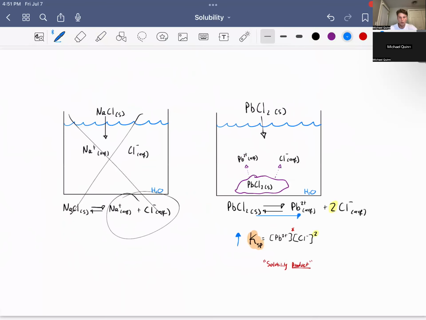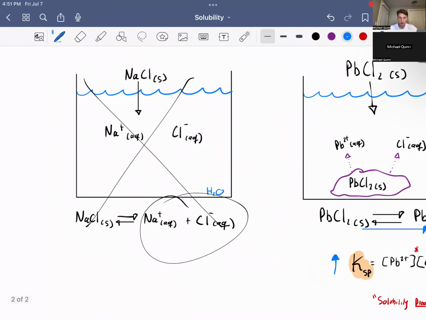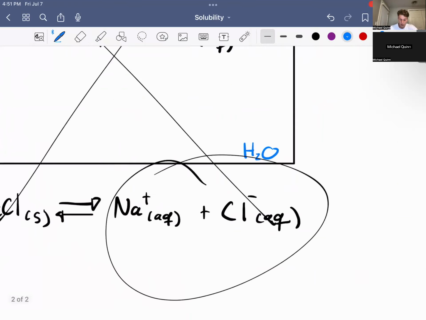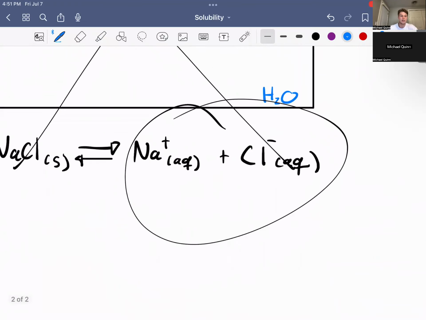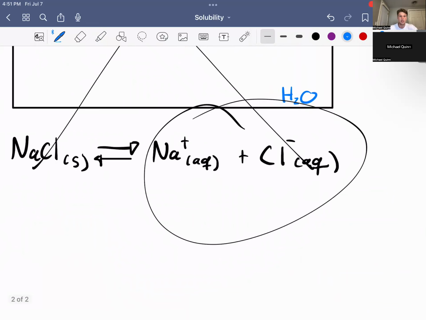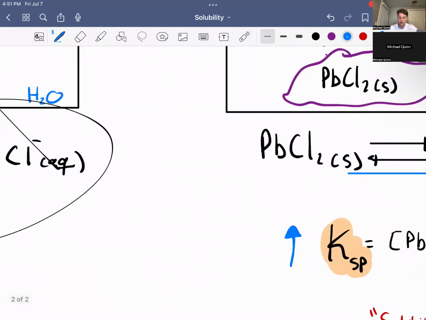Now, remember, an overall summary for this video is that a completely soluble species, when it is dissolved into water, is going to completely dissolve. So we do not need to worry about writing a KSP for a species that is completely soluble, because it would be all products. So the KSP for NaCl would simply be sodium and chloride. However, it would only be sodium and chloride, and you would not see any of that solid in that beaker.